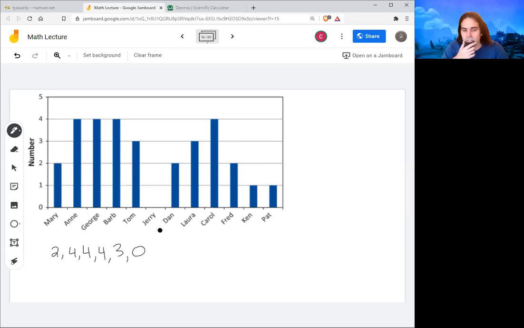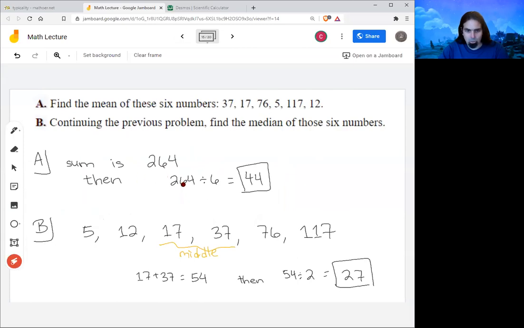Why do we care that Jerry was 0? Does a 0 matter when we add them up and divide by how many? Yes, Jerry is one of these people.